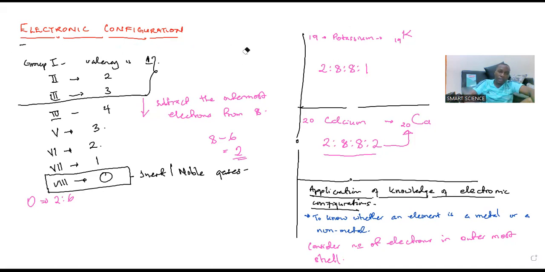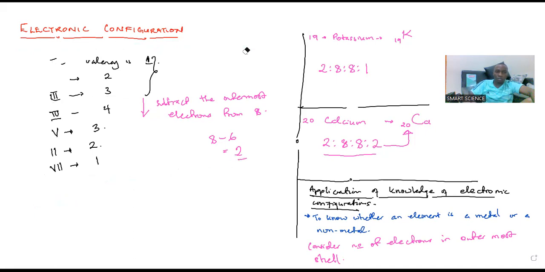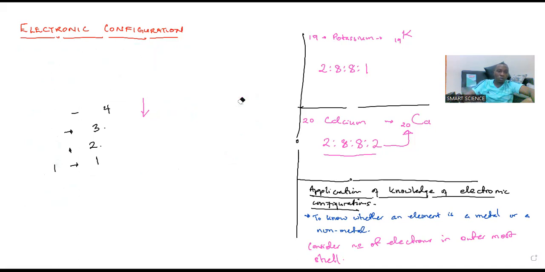Next idea, which we can generate from the information of the electronic configuration, is to know whether an element forms a positively charged ion or a negatively charged ion.